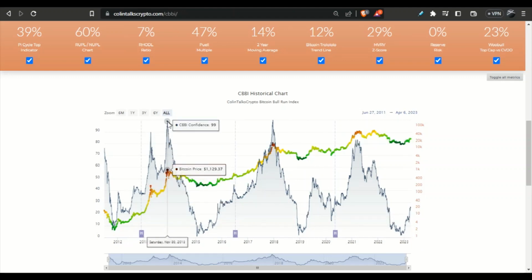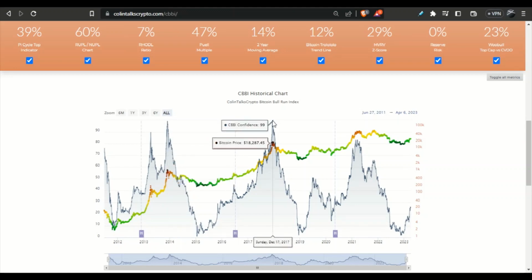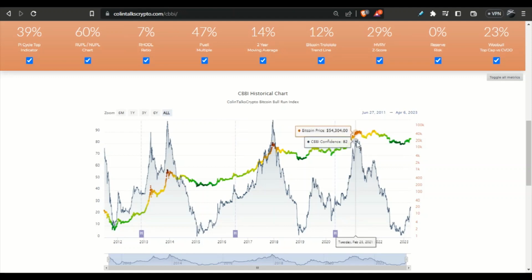Meanwhile, the top of this cycle here, we had a confidence of 99. Top of this one we had a confidence of 100, and the last one we had a confidence of 83 on the first run, and the all-time high we had a lower confidence.